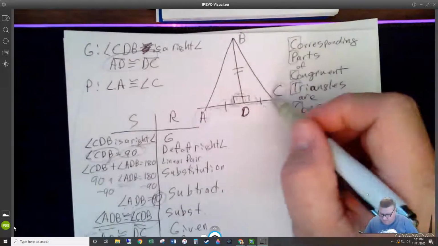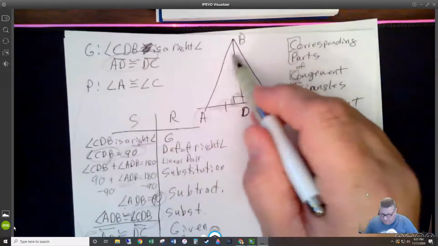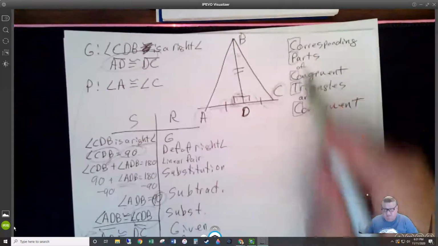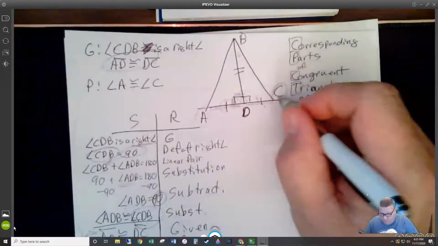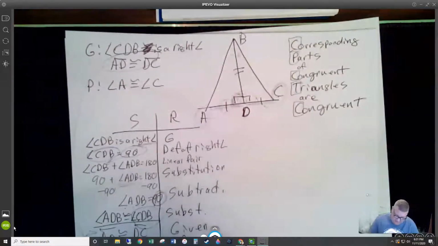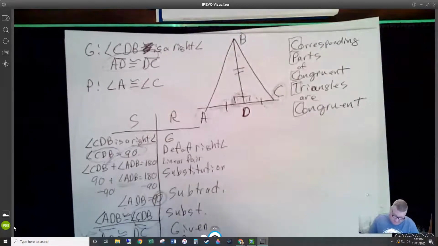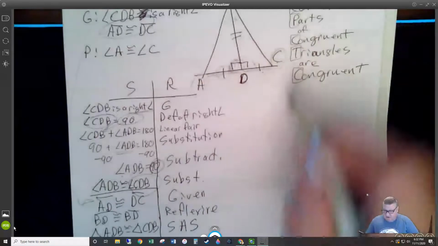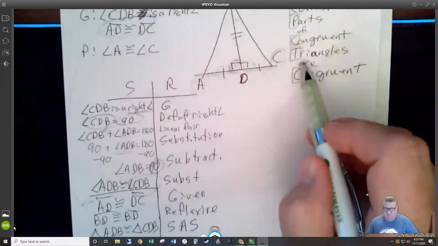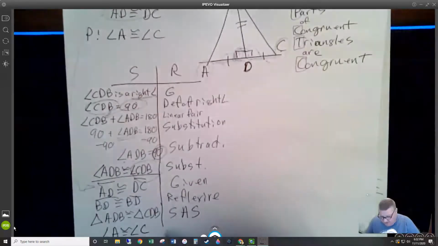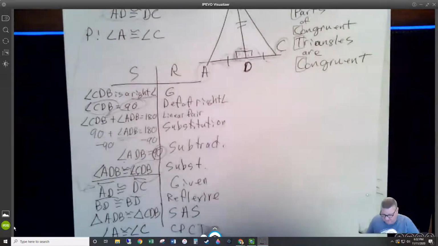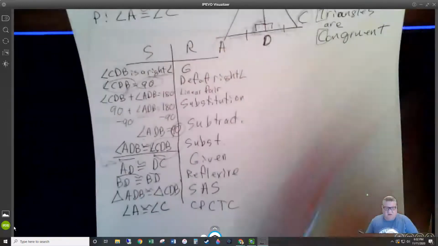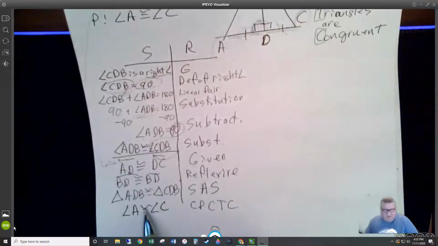We can also now say this angle up here is congruent to this angle here by CPCTC. But what we're interested in is saying angle A is congruent to angle C because they are corresponding parts of congruent triangles. So by CPCTC, we now know that these two angles are congruent.